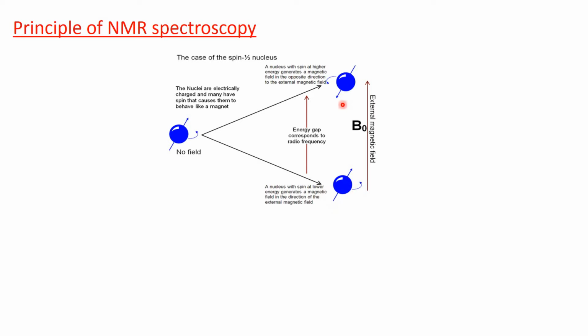And another state is the higher energy state, also known as the beta state, where the axis of magnetic moment is anti-parallel with respect to the direction of the external magnetic field. And the difference in energy between these two energy states, alpha state and beta state, depends on the external magnetic field strength.